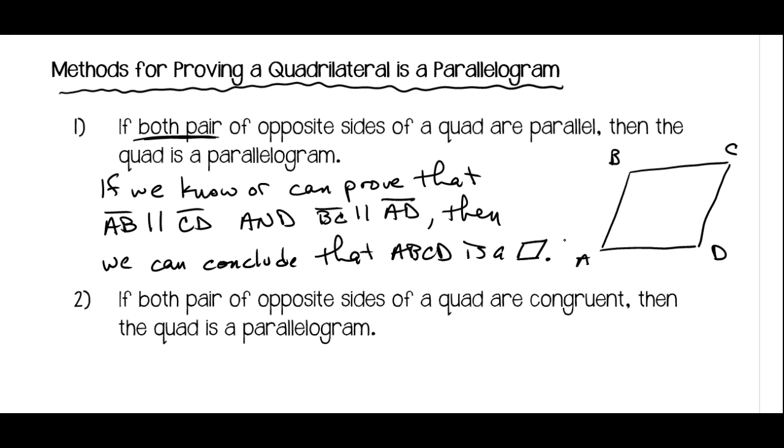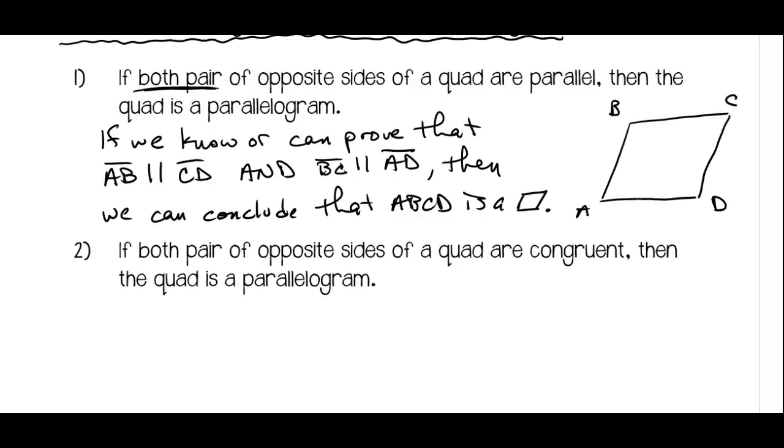Somehow in your proof you're going to have to figure out how to get both pairs of opposite sides parallel. There may be a transversal drawn in somewhere. You may be looking at alternate interior angles, or some other way that we get segments parallel. So that's our first method.